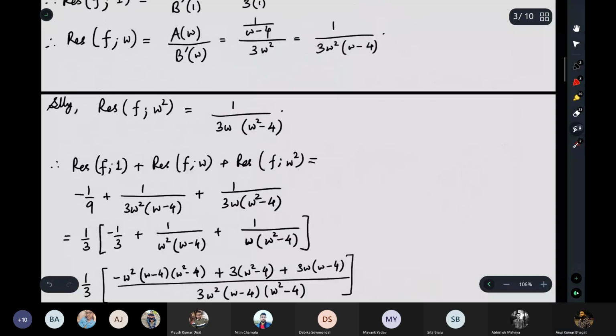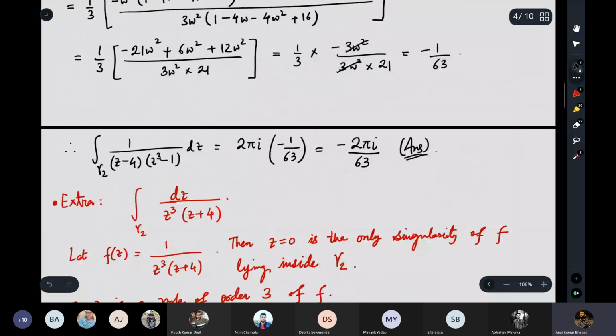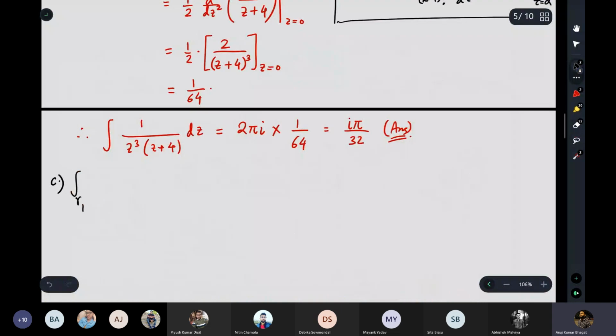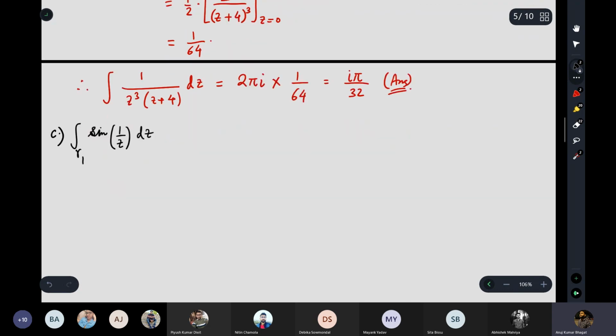Okay, so next one, number C, again gamma 1, sine 1 by z dz. So can you tell me what is the singularity of this function?